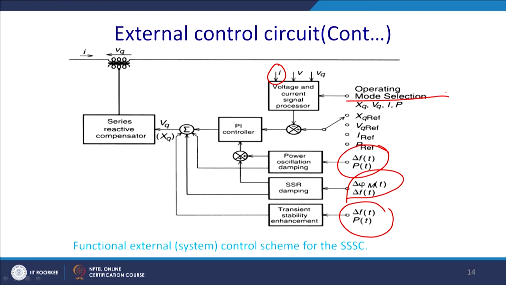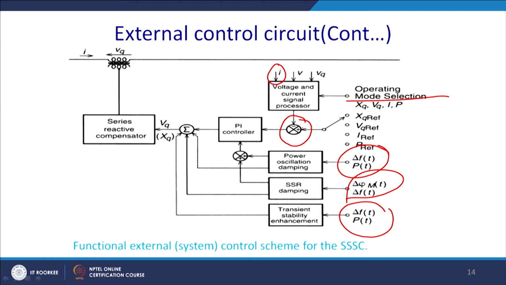It can be XQ if you want the impedance mode of operation, where you want to inject the value of VQ by the value of XQ, and if you have a voltage mode of operation, you will choose the value of maybe the VQ. Similarly you can choose the IREF as well as the power ref. Accordingly you will have a control.